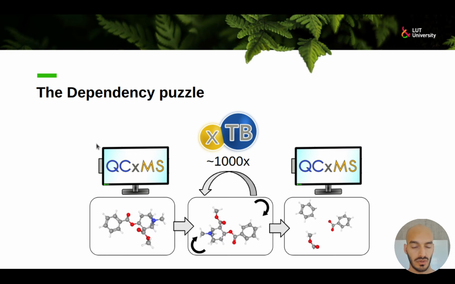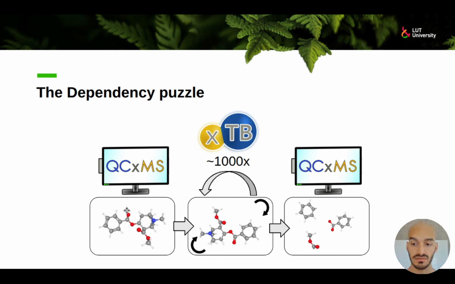Now, if you run QCXMS, you will understand that it does essentially this. You put inside QCXMS the three-dimensional structure of the molecule. It's essentially the coordinates of every single atom in a long list.